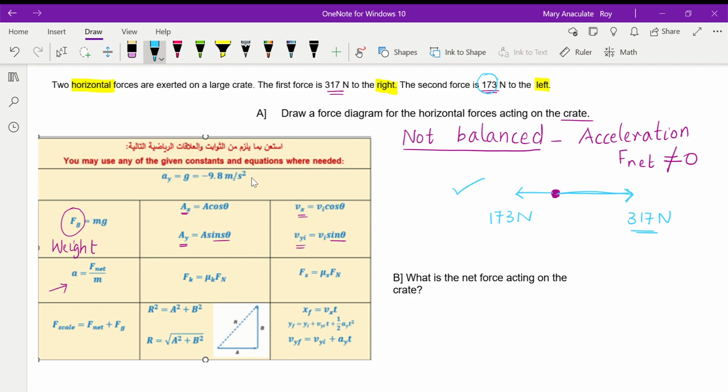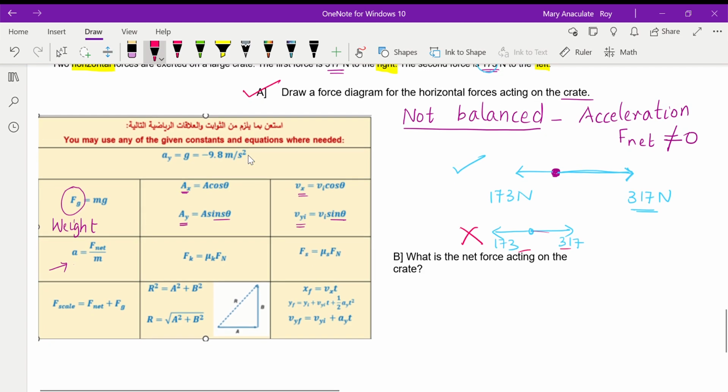So this is the correct way of representing it. If you draw like this and label it as 317 and 173, this will be incorrect. This is wrong. Why? Because you kept both lengths equal. It's not equal here. This is greater, so that is represented by the length of the arrow or the length of the vector. Okay, so we have done the first part of the question.